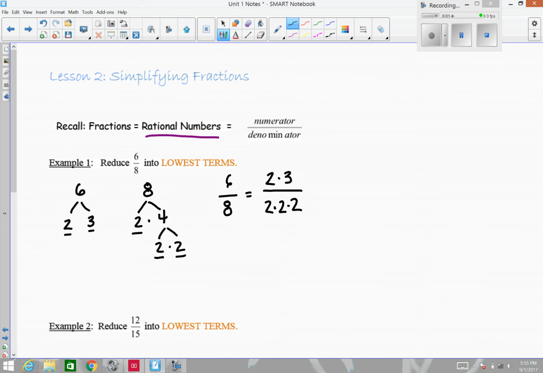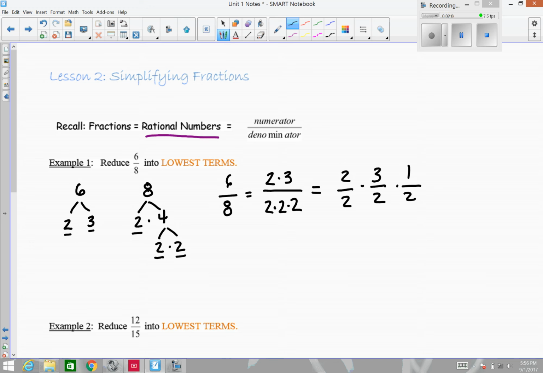Now, because we can break fractions up when they are written as factors and multiplication is the operation going on, I can write this as 2 over 2 times 3 over 2. And because this other 2 is in the denominator, that's like saying I have a 1 over here.